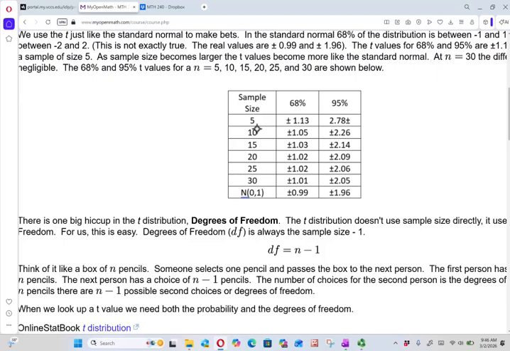Instead of sample size of 5 with 4 degrees of freedom, if I get to a sample size of 30, I have 29 degrees of freedom. And if you look there at 30, instead of 2, I'm using 2.05 standard errors up and down for the 95%. And for the 68%, I'm using 1.01.